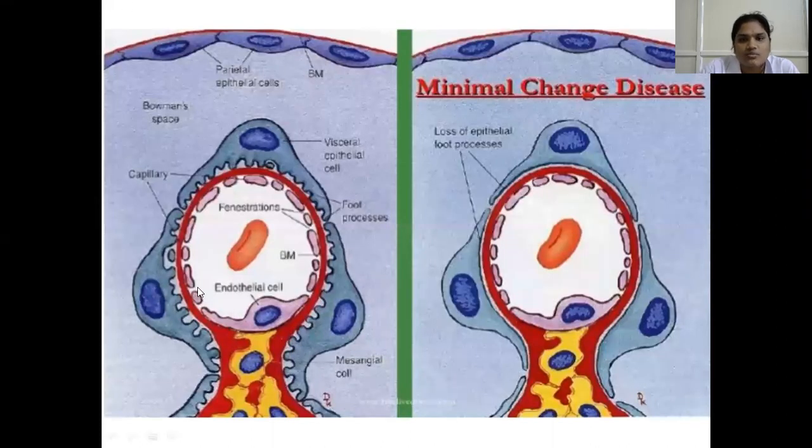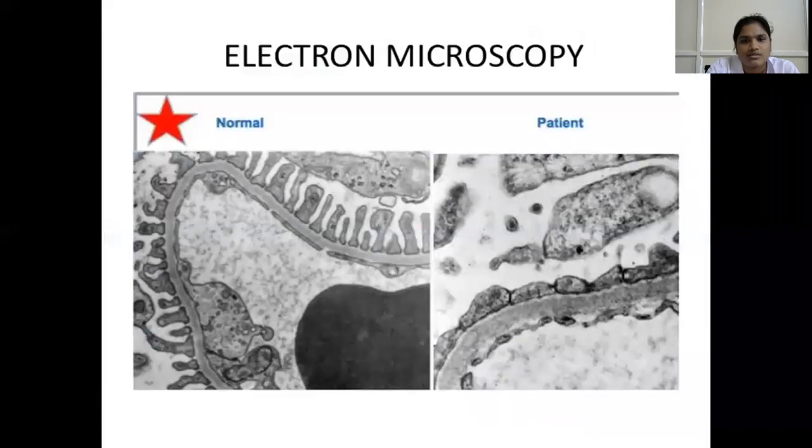This is the normal glomerulus: see the parietal epithelial cells, Bowman's capsule, capillaries, and the visceral epithelial cells having the foot processes. In the normal glomerulus we are able to see them, whereas in minimal change disease the foot processes are lost. So the loss of the epithelial foot processes is the pathological feature of minimal change disease. On electron microscopy, these are the foot processes which are lost in the patient with minimal change disease.